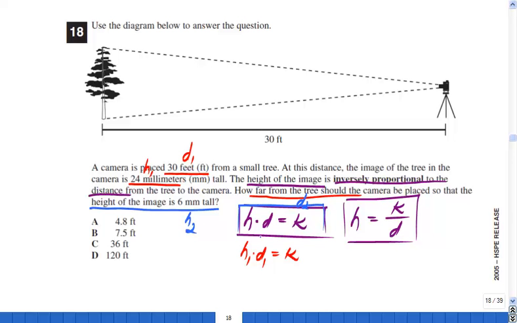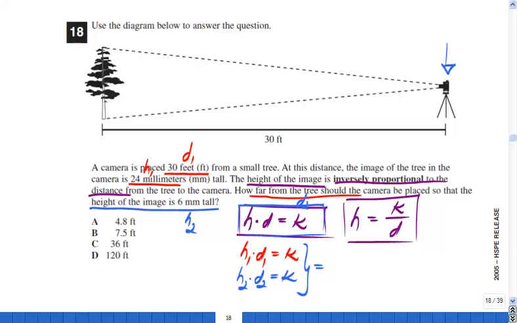But what we said, for inverse proportionality, the product of your height and distance will always be the same. And for this camera, the product of distance and the height of the image will always be the same. Let's write the second inverse proportionality statement: height 2 multiplied by distance 2 is equal to the same number k.